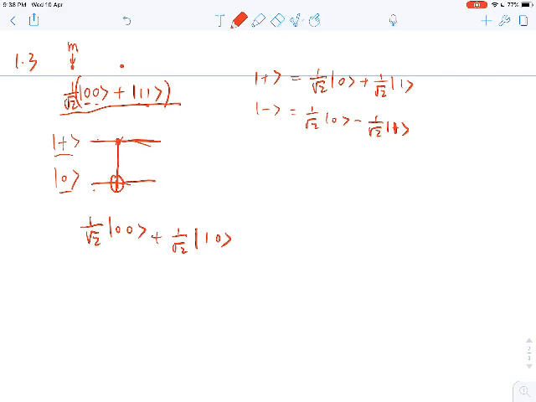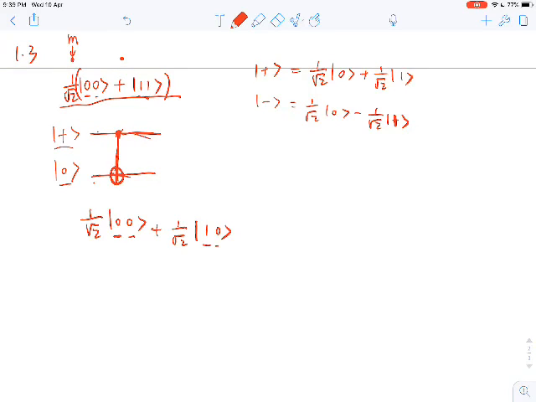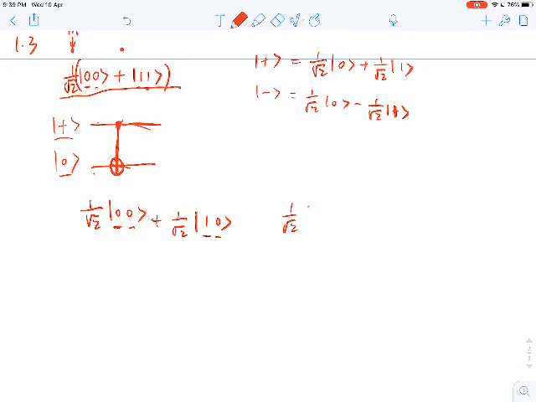And we know the control NOT gate makes some bit flipped. The first is 0, then no flip. The first is 1, we get it flipped. Then we get this entanglement state. What's the difference between these two states?